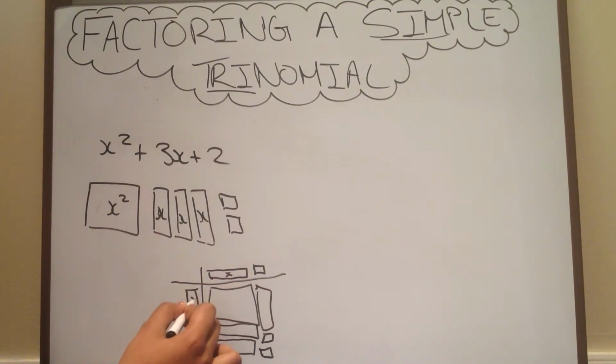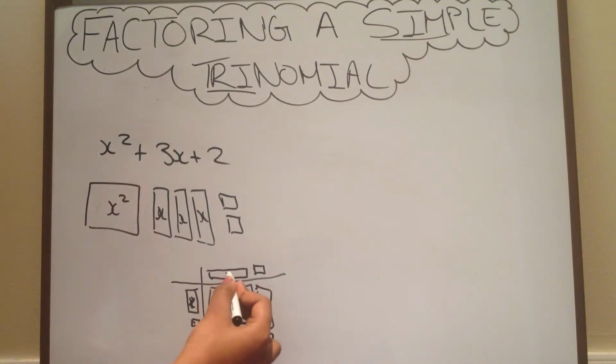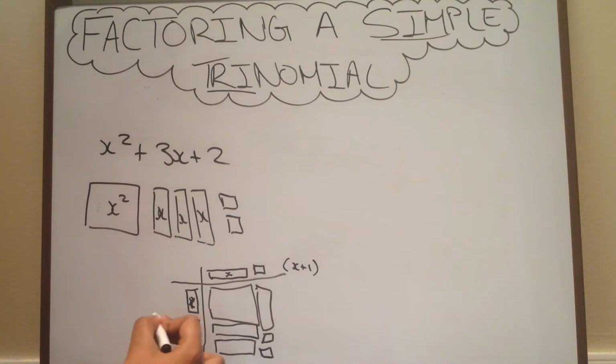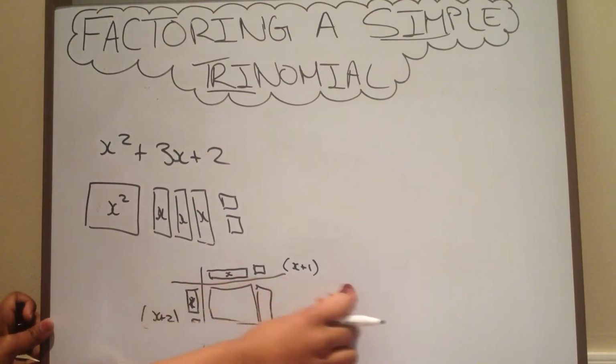This is an x, that's a 1, and that's a 1. So that is x plus 1, and this is x plus 2. So that's how you could get the answer using algebra tiles.